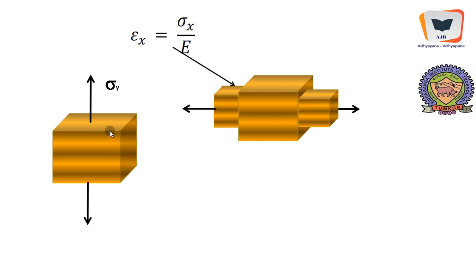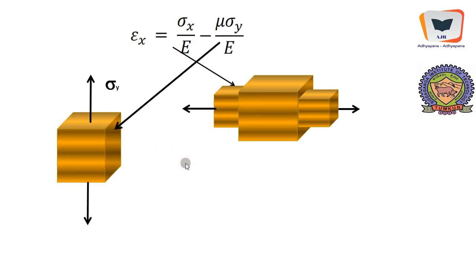When it pulls, it becomes lengthier along this direction, but it becomes shorter along this particular direction. As far as sigma y is concerned, these are the changes that happen along x and can be called the side effect. It is Poisson's ratio times whatever happens along this particular direction. It becomes small in that direction.